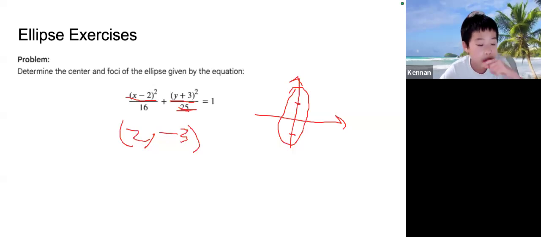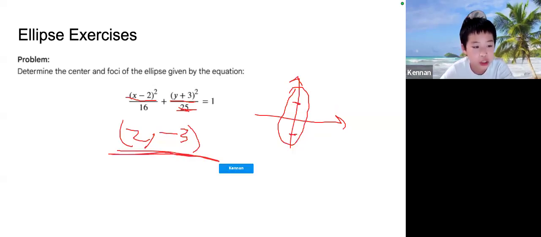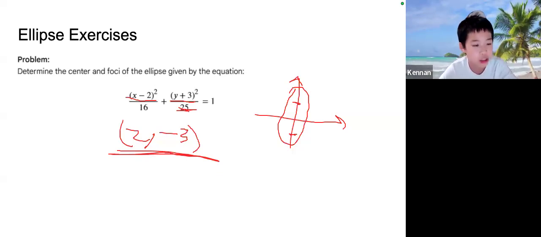Okay, hold on, calculate. So the foci are over here, and first let's ignore the center. Let's say the center is 0, 0, and then we'll transform it later.